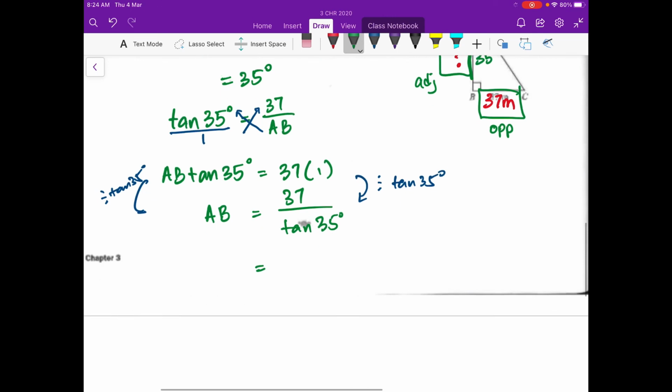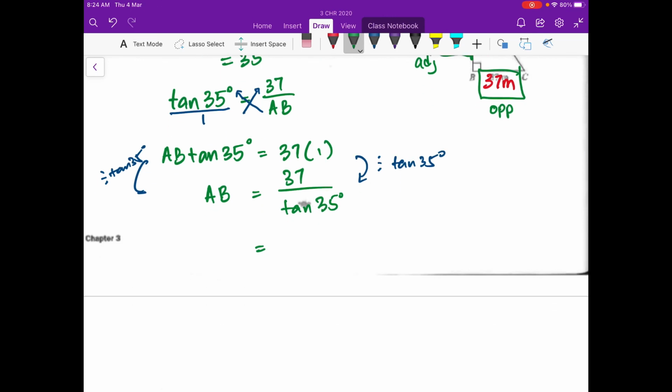At this point, use your calculator. Okay, so that's all we have. 3 SF because we are dealing with the length. 1 dp for degree, that is angle.